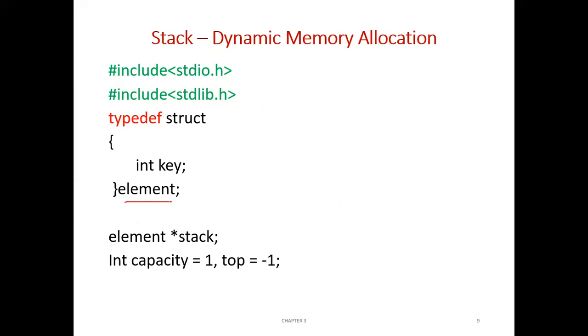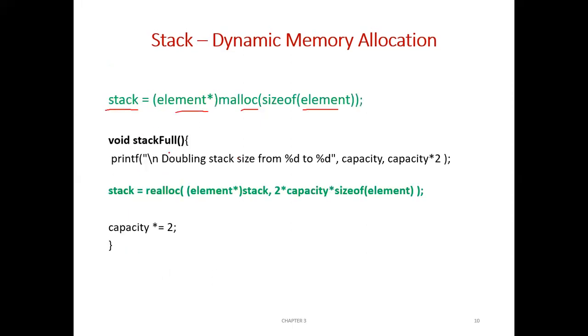Element is a user-defined data type, a structure which contains only one member, key. So what is the size of element? The size of this structure is 4 bytes. So it will allocate 4 bytes, and the starting address of these 4 bytes will be stored in stack.